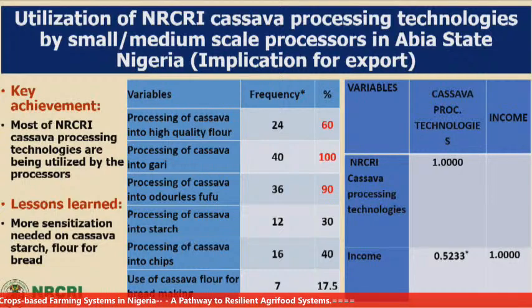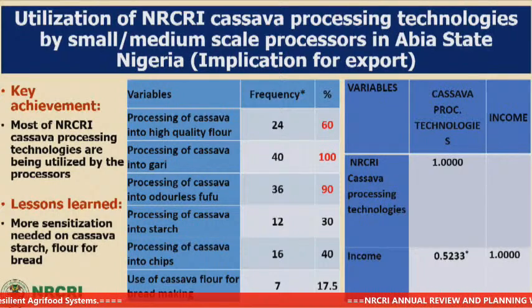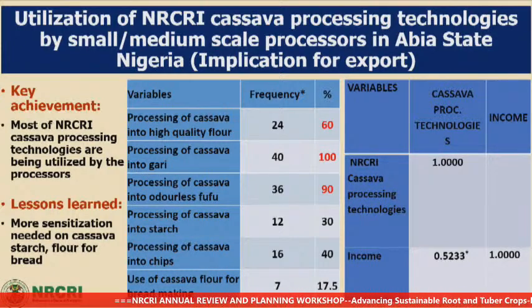So it's good to know that they are actually making use of our processing technologies, but there are some technologies that ranked higher than the others. Like processing of cassava into gari came first. Processing of cassava into odorless fufu was the second, and processing of cassava into high-quality flour was the third.